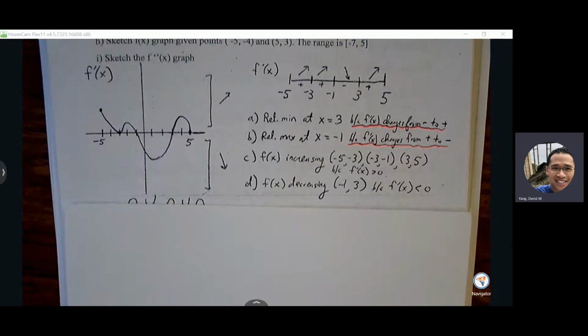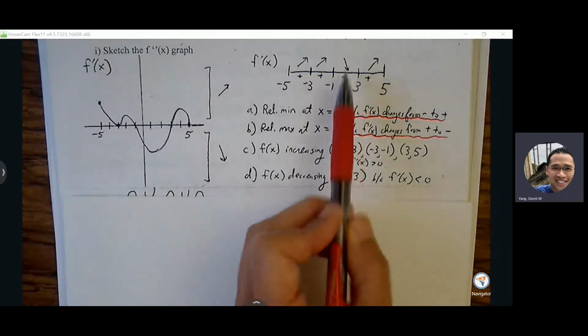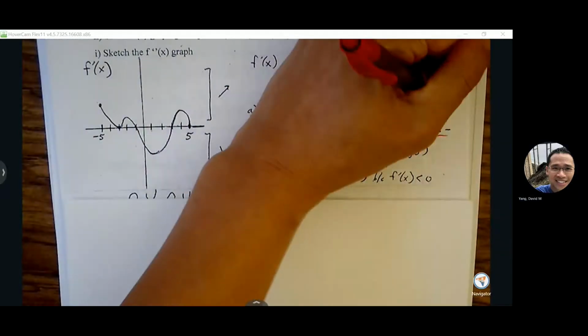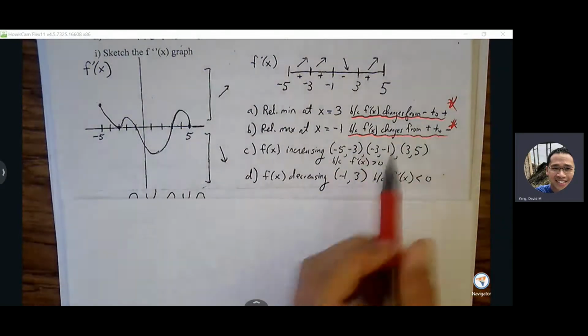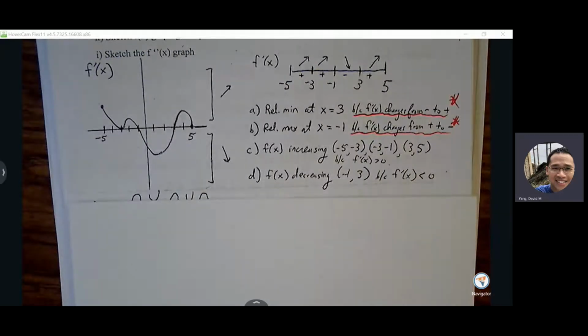Because statement, because f prime is greater than 0. Function is decreasing. We have 1 interval of decreasing, -1 to 3, because f prime is less than 0. Careful with these. Most students get these right, but these two give students the most trouble, leaving those out.